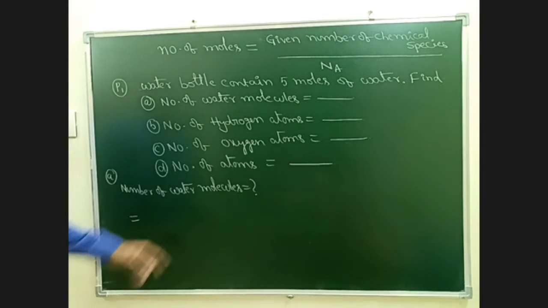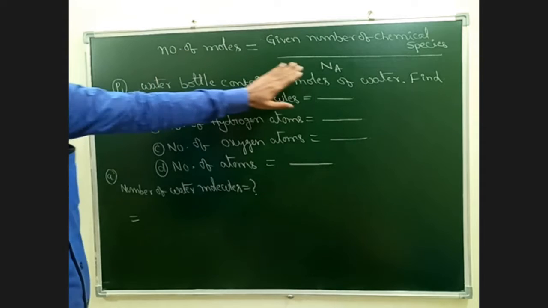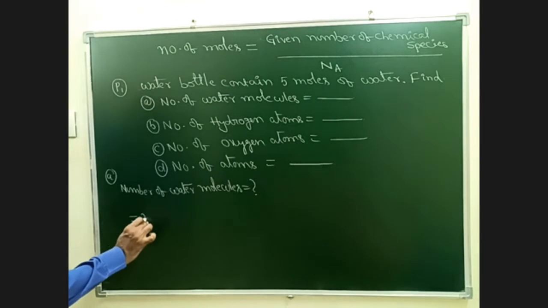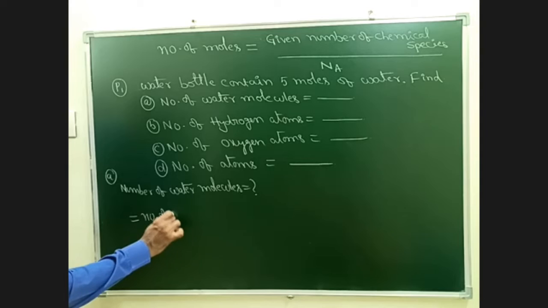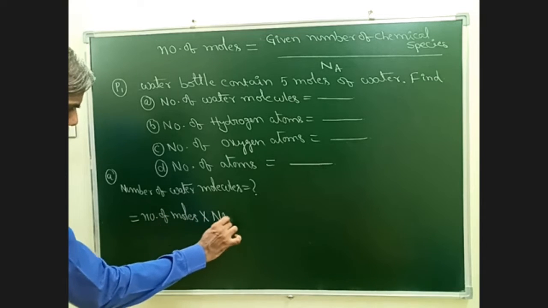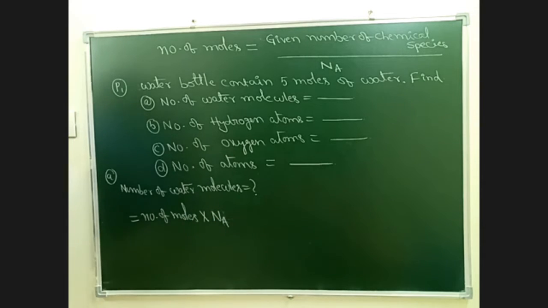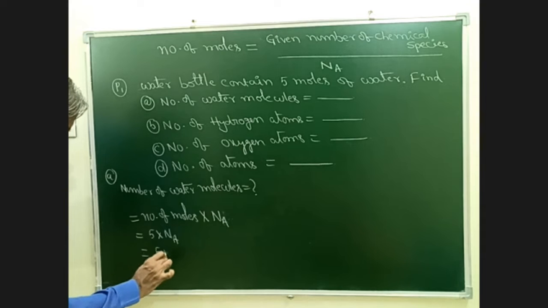So what is the formula? Number is equal to number of moles into Na. How many moles are given? 5. So that is equal to 5 Na water molecules.